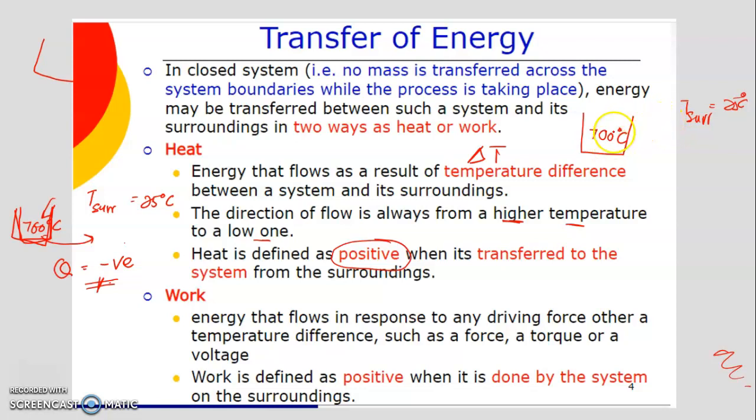Heat will flow from the higher temperature to the lower temperature. Remember this one. So in this case, heat, or Q, is negative. Why? Because it is transferred from the system to the surroundings. So our Q will be negative. Understand this one that I explained.